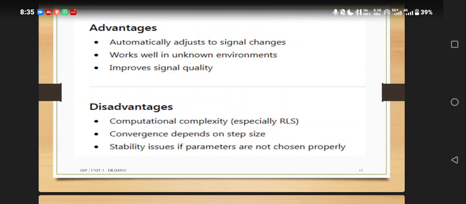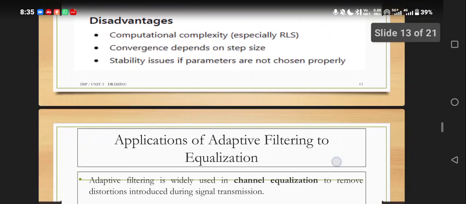But adaptive filters have some drawbacks also. Some of them are computational complexity, especially if you are using the RLS algorithm, convergence depends on step size, and stability issues if parameters are not chosen properly.